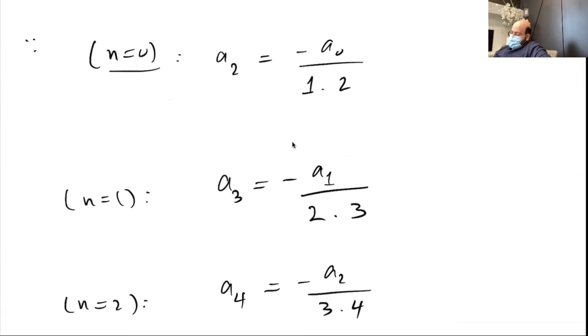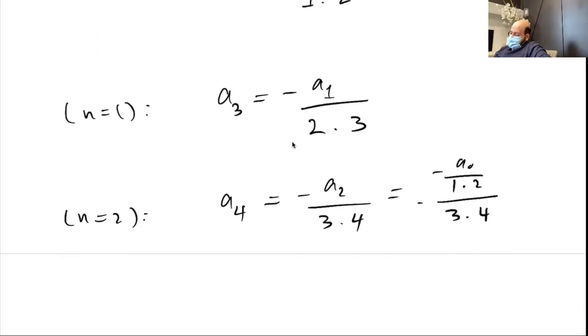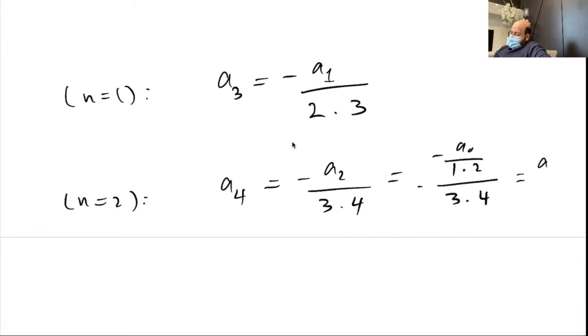But a2 itself was minus a0 over 1 times 2, then divided by 3 times 4. And there's also an extra minus here, so it becomes plus a0 over 1 times 2 times 3 times 4. And that is going to be 4 factorial. So a4 is a0 over 4 factorial.